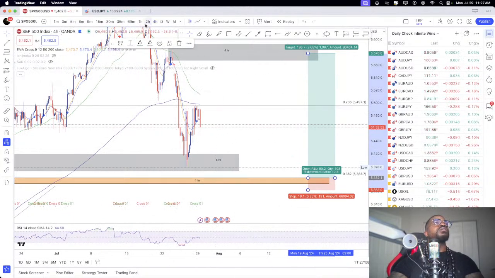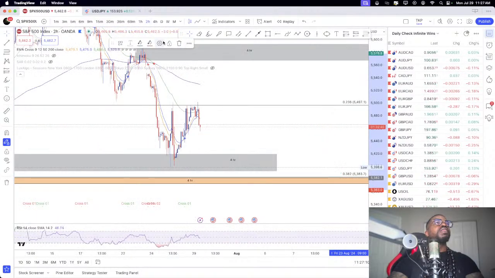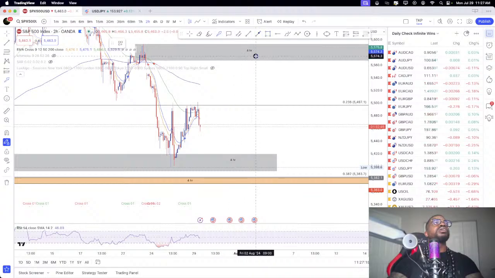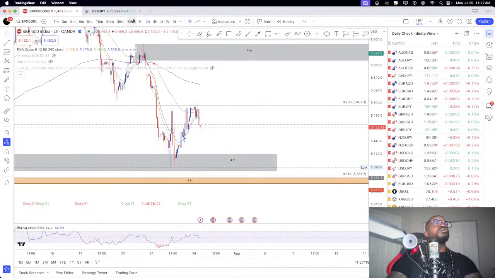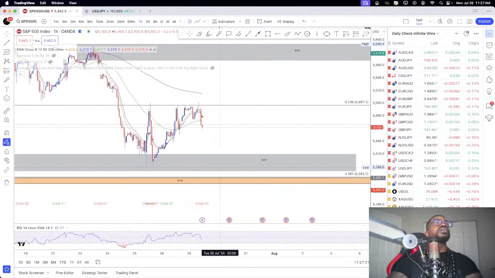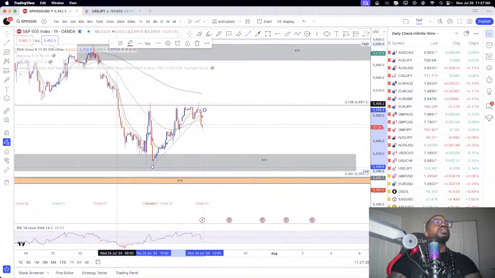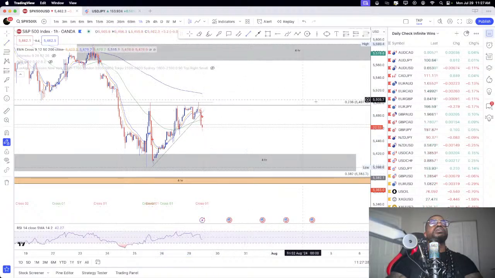Let's see what happens. Okay, so we had a double top formed, and then it got retested, and now price is dropping. Looks like it could be a flag.